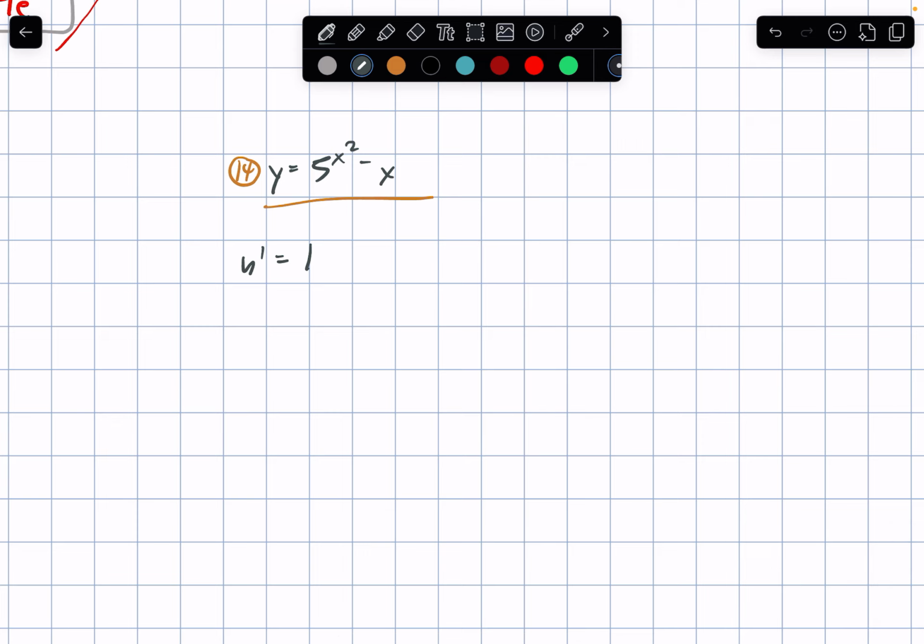How about number 14? What is it again? Oh yeah, a raised to x.